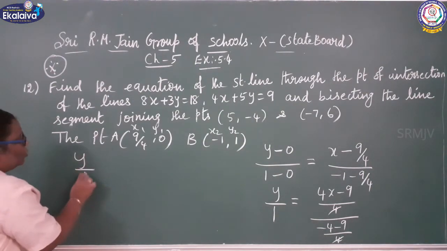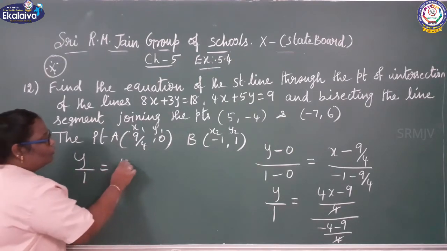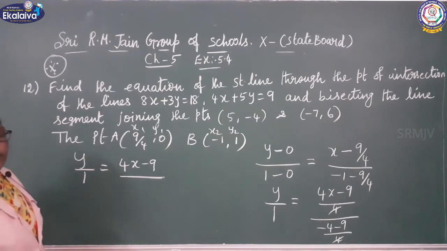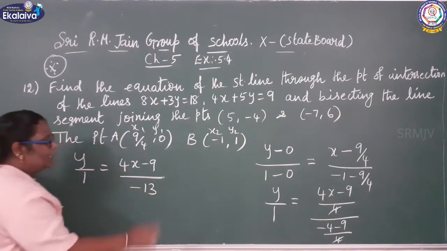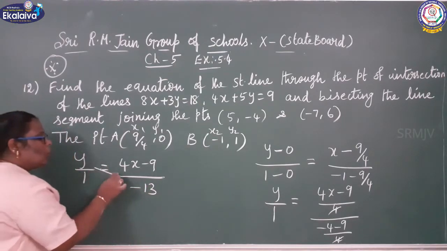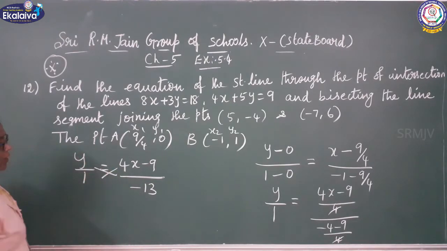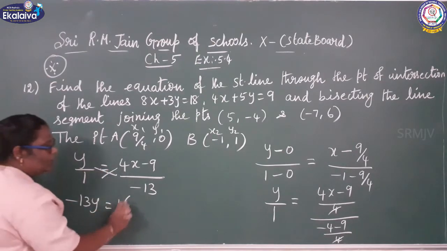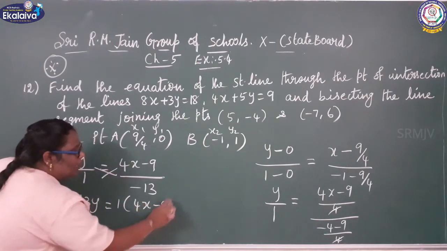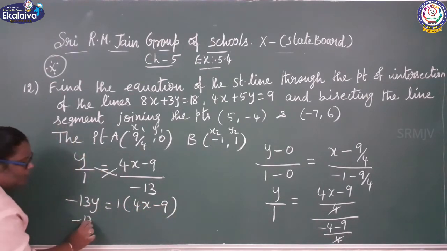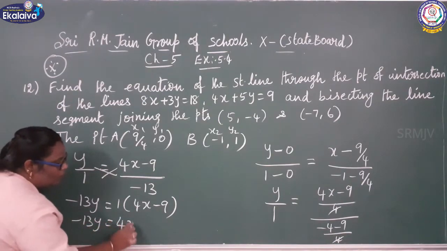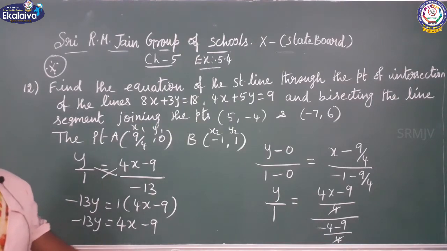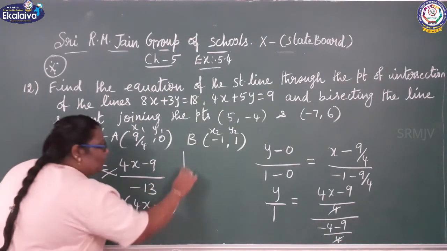Y by 1 equal to 4x minus 9 by, minus 4 minus 9 is minus 13. Cross multiplication. So minus 13y equal to 1 into 4x minus 9. Minus 13y equal to 4x minus 9. Here x is positive, so you can keep it as it is.